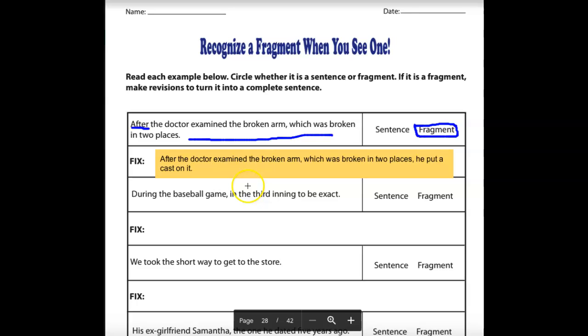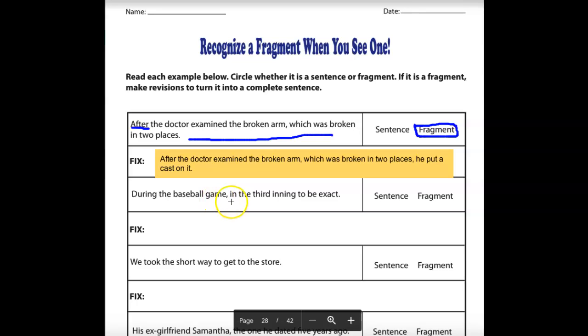Okay, now that's a complete thought. Okay, after the doctor examined the broken arm, which was broken in 2 places, he put a cast on it. So this is a fragment, and you have to tell what the doctor did. Okay? All right. Let's move on to the next one.